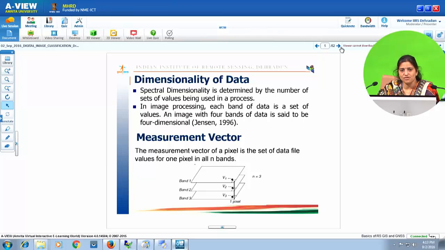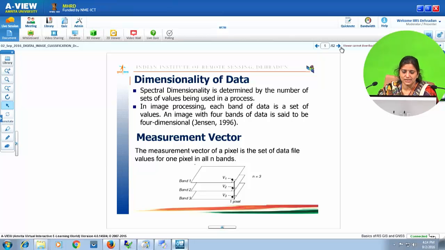In a multispectral data set, every band is one set of data values, so every band is one dimension. So as many bands as you have, the data has that many dimensions. If you have a 10 band data, then your data is called 10 dimensional data. If you have n bands in your data, we will call it n dimensional data.